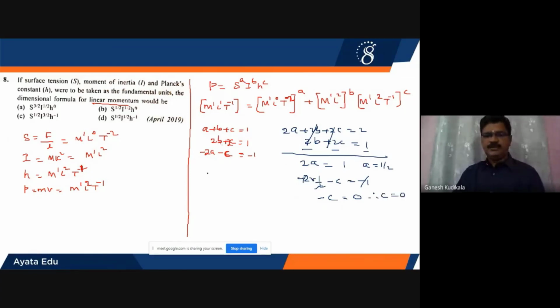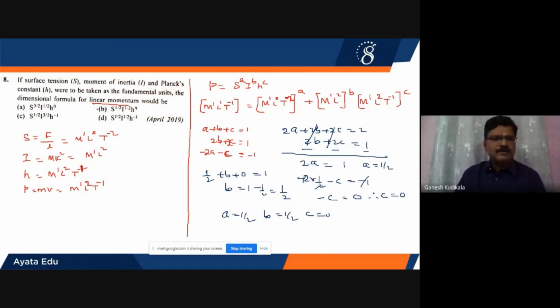From equation number 1, a is 1 by 2, b I don't know, c is 0, and that equals 1 itself. So b will be 1 minus 1 by 2, which is 1 by 2. So a is 1 by 2, b is 1 by 2, c is 0. Since c is 0, among the options, a is 1 by 2 and b is 1 by 2, c is 0, therefore that is your b option.